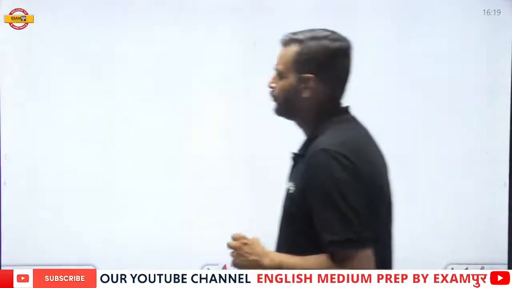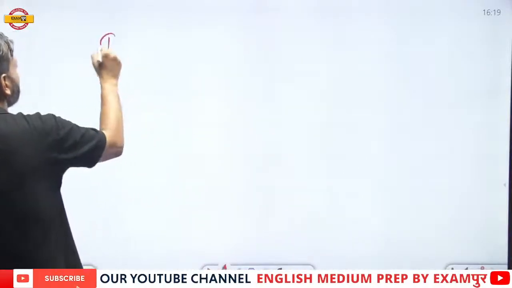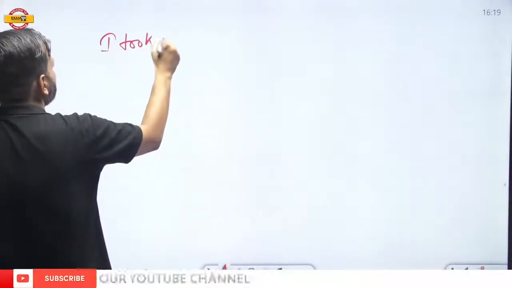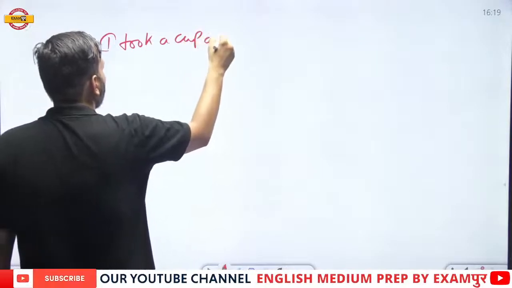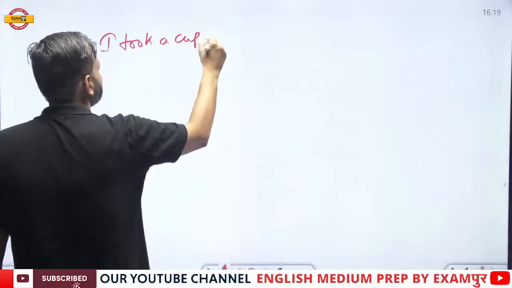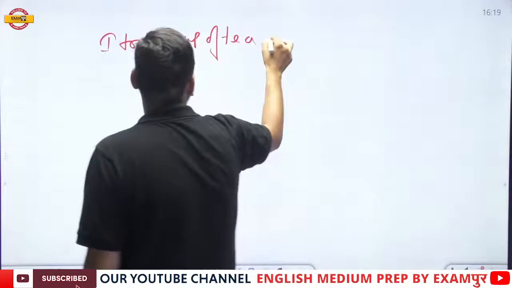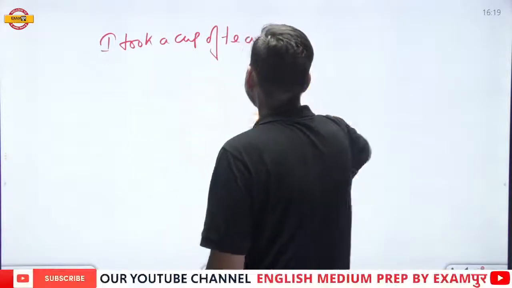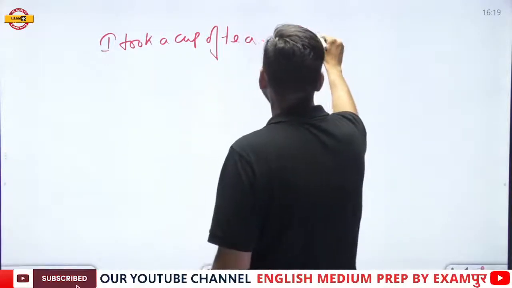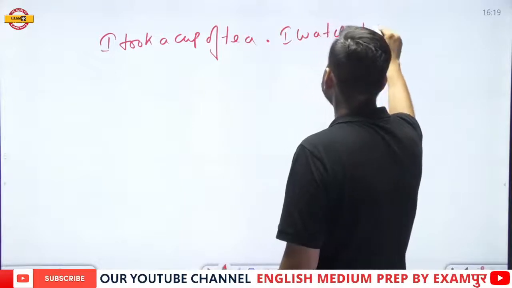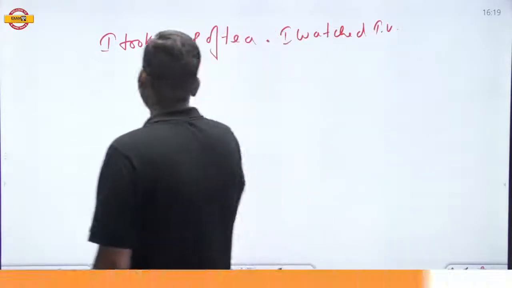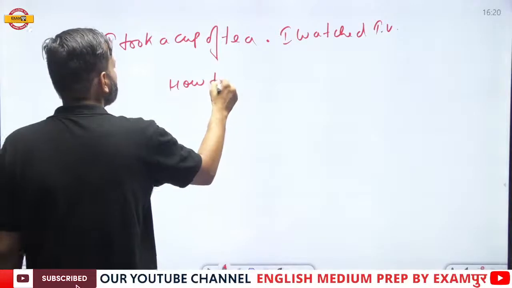How to join them? So sentences were: I took a cup of tea, and second sentence is I watched television. Now the question is how to join.